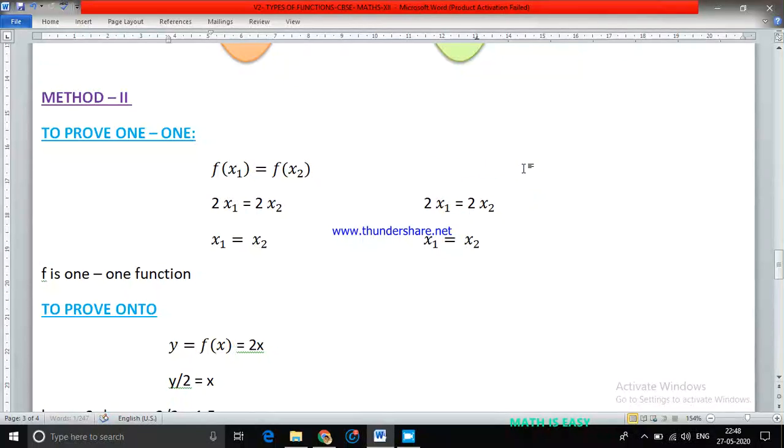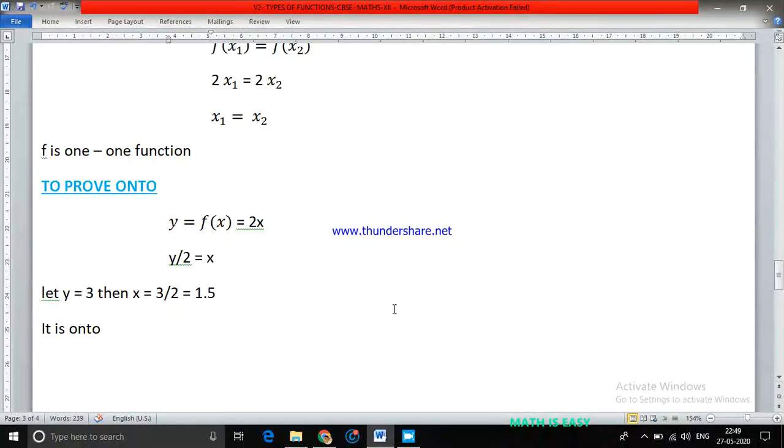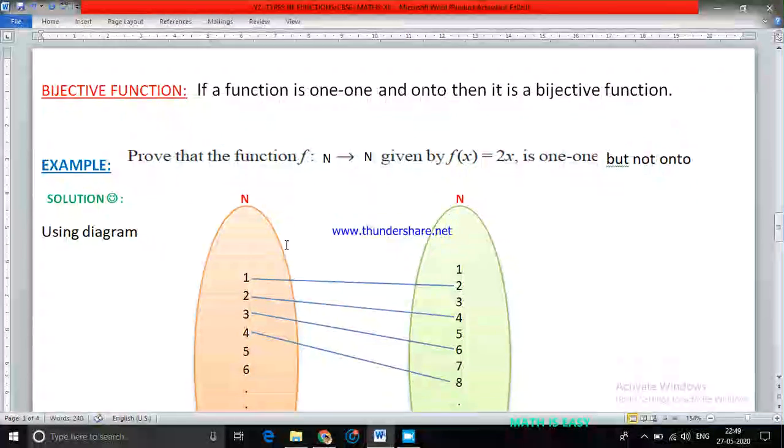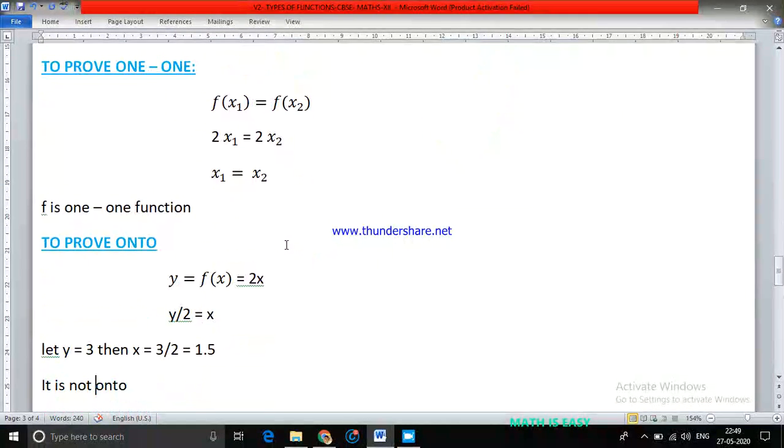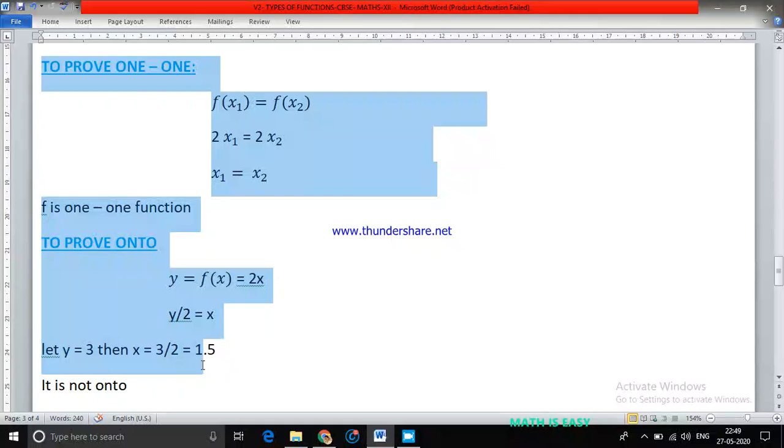From this example, by taking R to R, I want to conclude that the definition of the function is also based on the domain, on which set the function is defined. So this is one of the ways to prove whether a function is one-one or onto or not.